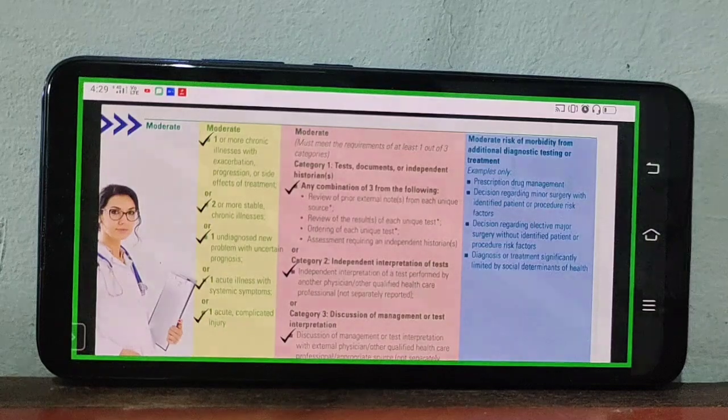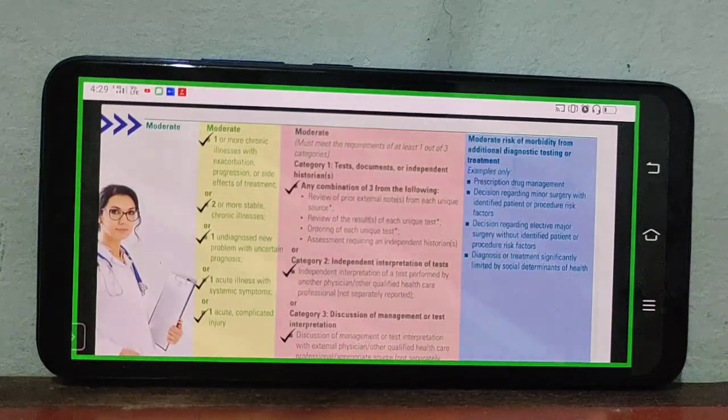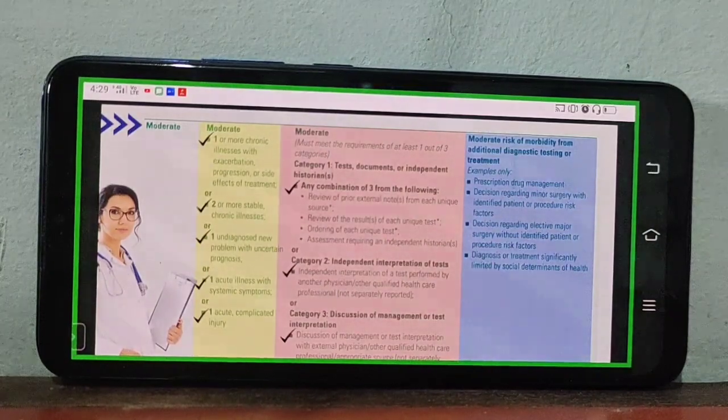So if a doctor gives a result of the test, category 2 will be satisfied. Here individual means physician. If a physician gives a test result, that means the doctor examines the images, finds out the result and gives it to the patient.